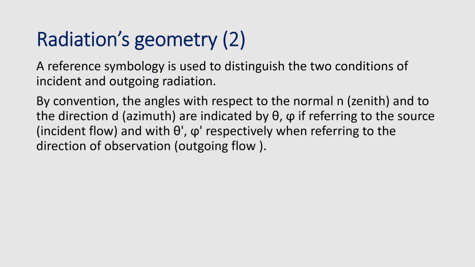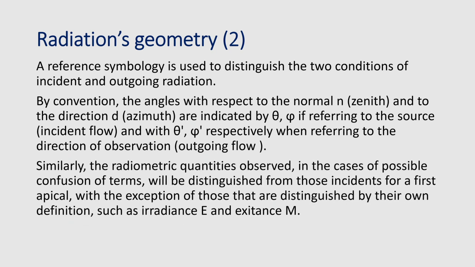Let's recap that. By convention, the angles with respect to the normal, so the zenithal position n, and to the direction d azimuth, are indicated by theta and phi if referring to the source incident flux, and with theta 1 and phi 1 respectively when referring to the direction of observation, so the outgoing flow.